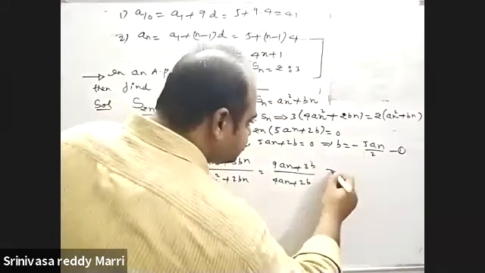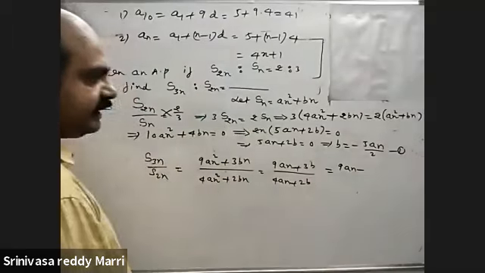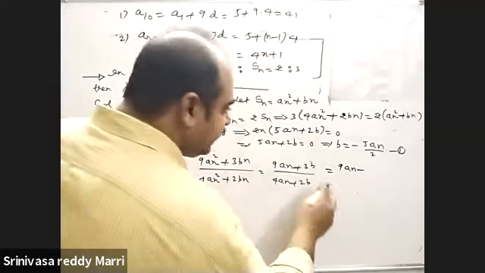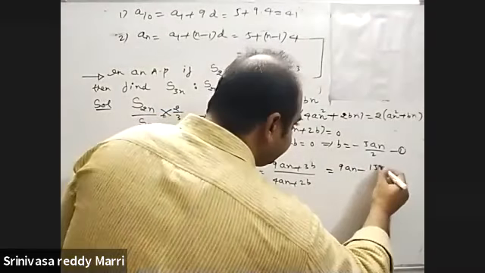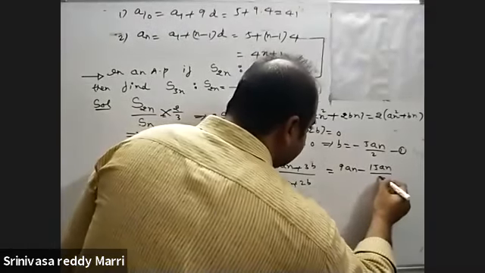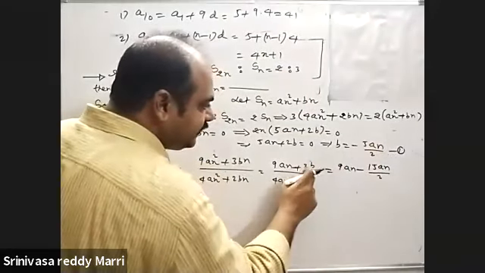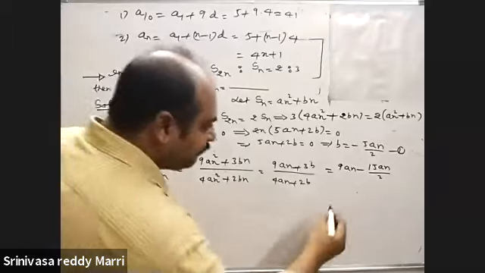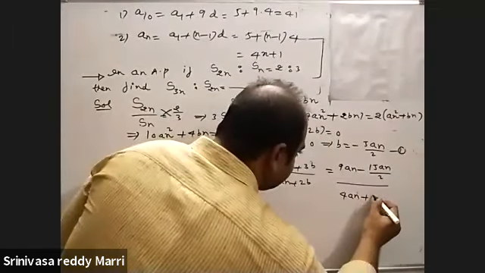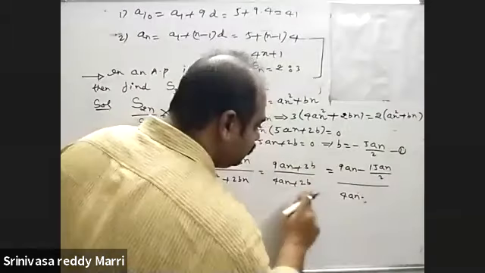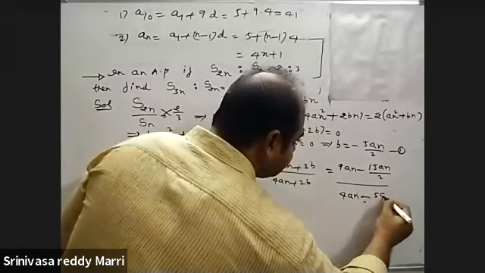Now substitute the b value here. 9an minus, if you substitute the b value, B value is minus 5an by 2. 3 into minus 5 means minus 15an by 2, divided by 4an plus 2 into minus 5an by 2.